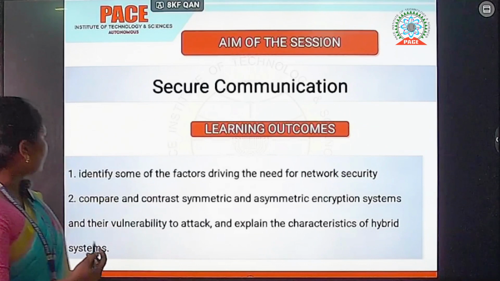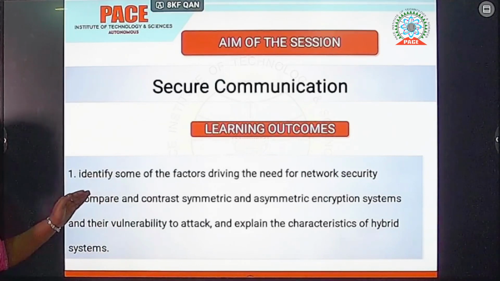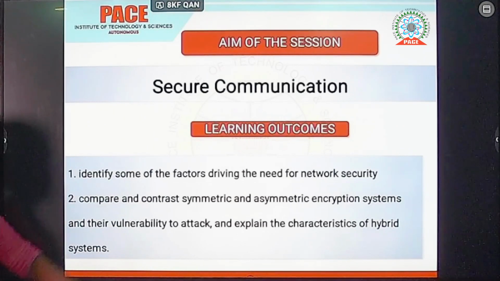First one is to identify some of the factors driving the need for network security. Second one is to compare and construct symmetric and asymmetric encryption systems and their vulnerability to attack, and explain the characteristics of hybrid systems.